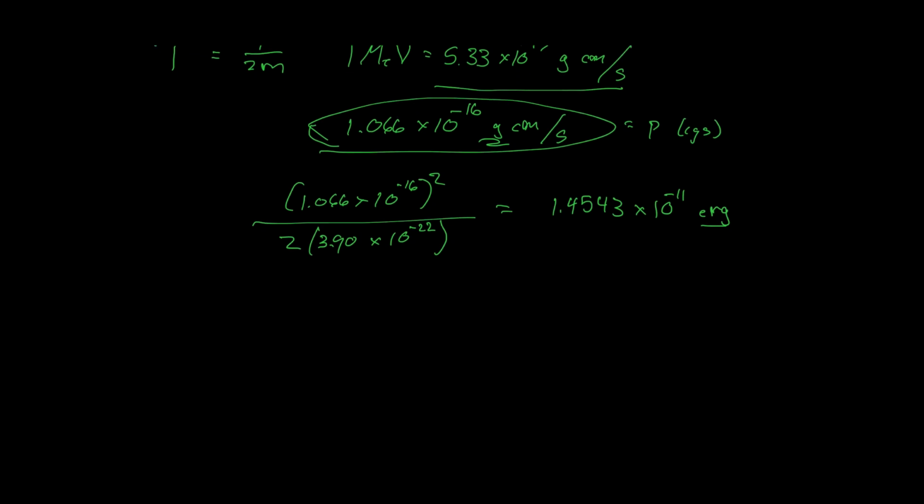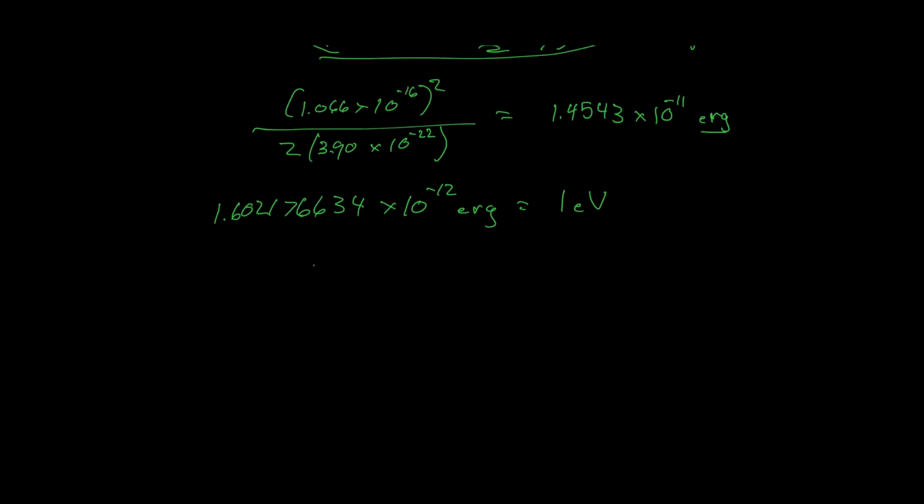And now we're just going to put it back into electron volts. 1.602 times 10 to the minus 12 ergs is equal to 1 electron volt. So we just do the conversion.